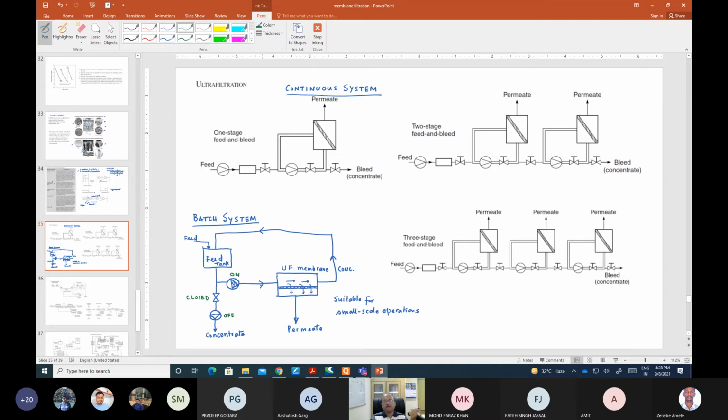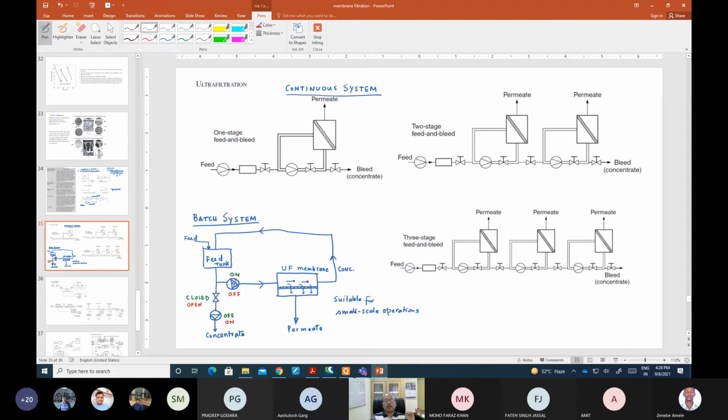Now after we reach a certain degree of separation, we understand that we have done enough. So we turn off this pump, okay, and we open this valve and we turn it on.